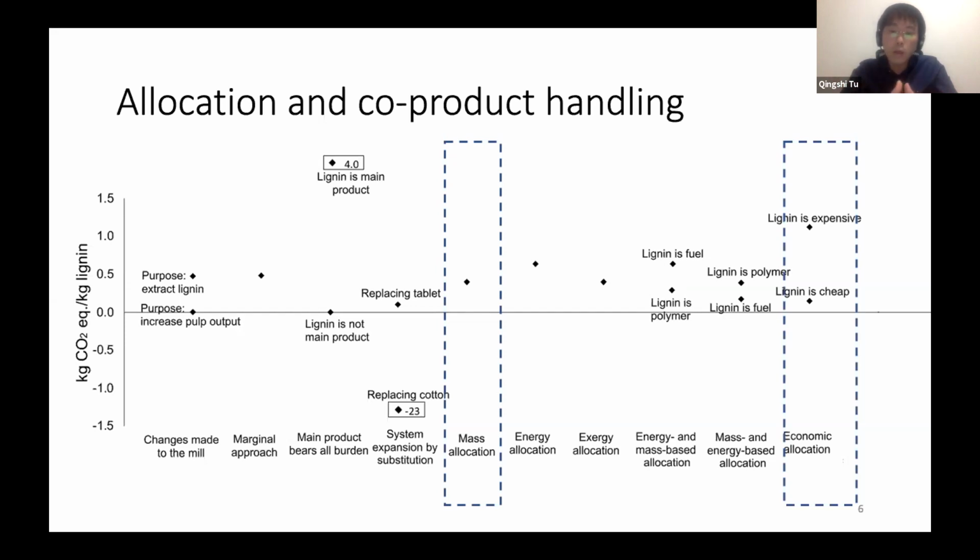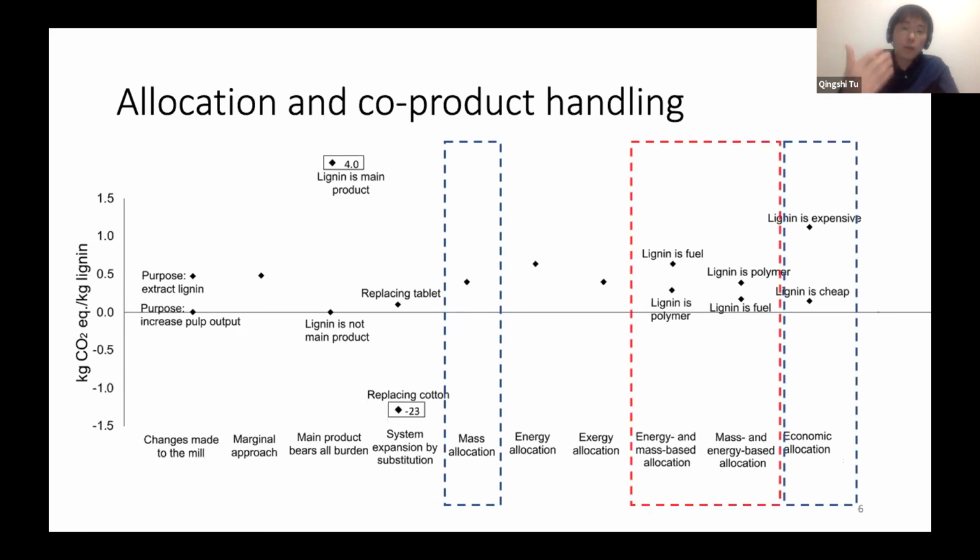And if you look at economic-based allocation, you already see the variance, right? So you have to pick, let's say, a sales price of the lignin. And this sales price can be volatile, right? So you already see some variation when you pick a different method and make a different assumption. And then if you apply what's called a hybrid allocation method, for example, you can first allocate all the energy consumption between two products based on their energy use efficiency, right?